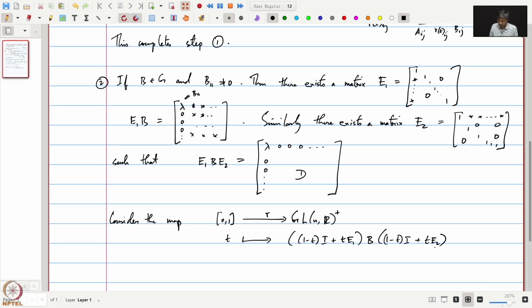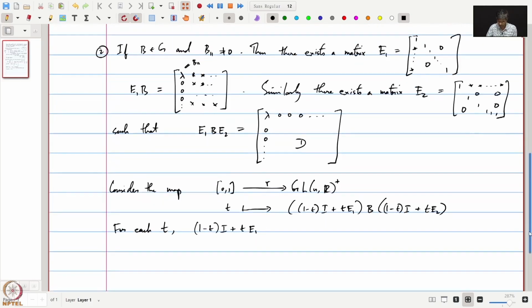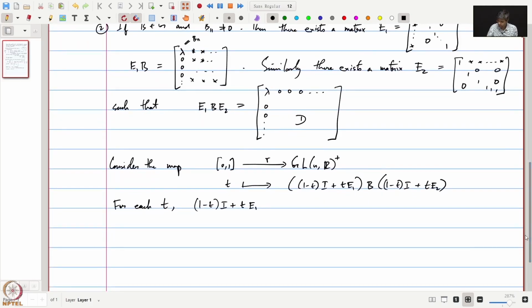Okay. So, we need to check that first, as a map of sets, the image actually lands inside GL n R plus. When we take determinant for each t, let us look at this matrix: 1 minus t times identity plus t times E1.